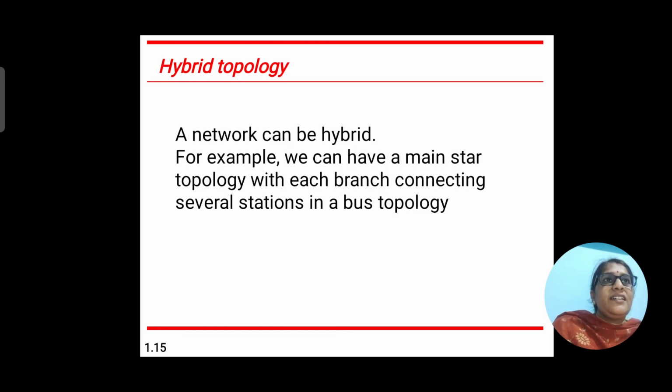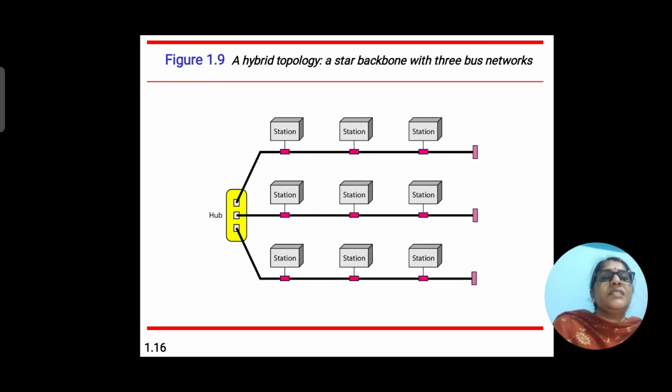A hybrid topology: a star backbone with three bus networks. Here we have three bus networks, that is three cables which are connecting to one or two stations, and one hub, which is nothing but as in our star topology.